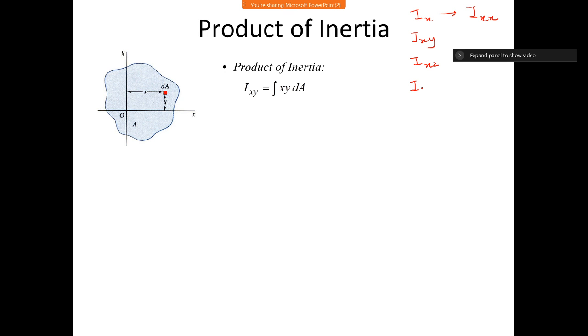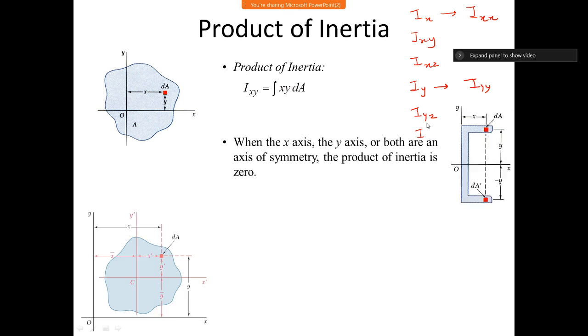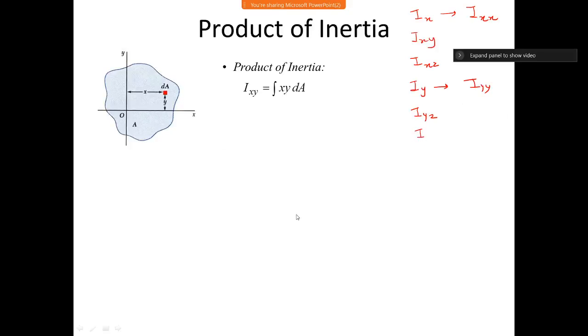Then we will have Iy, which is the same as Iyy, Iyz, and Ixy or Iyx. Right. So likewise we will have these components for an inertia matrix.